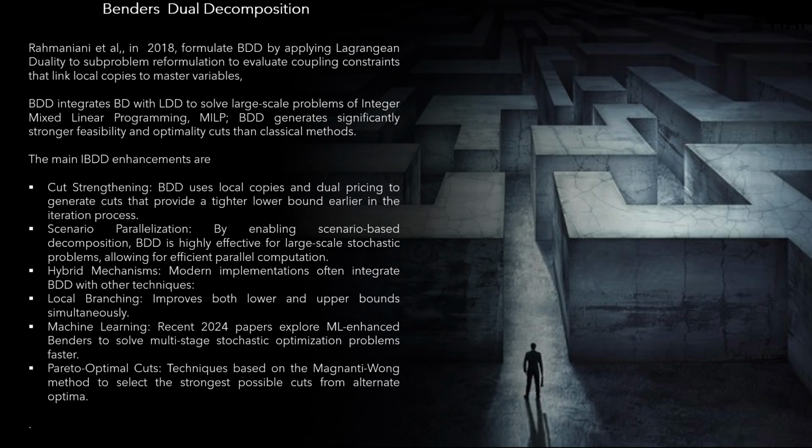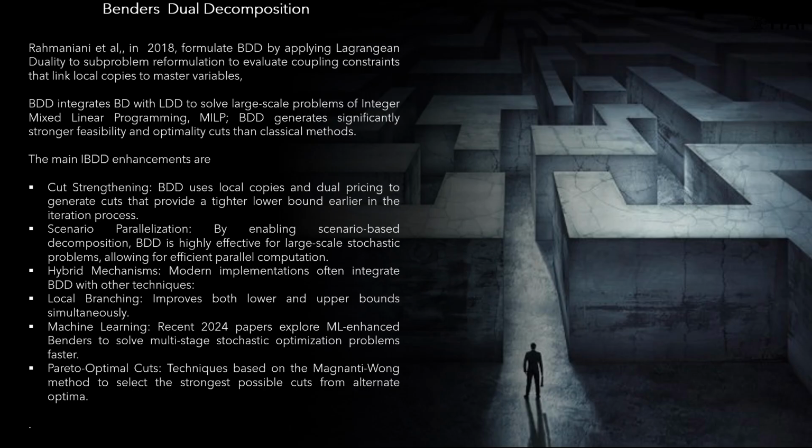The main BDD enhancements are cut strengthening. BDD uses local copies and dual pricing to generate cuts that provide a tighter lower bound earlier in the iteration process. Scenario parallelization. By enabling scenario-based decomposition, BDD is highly effective for large-scale stochastic problems, allowing for efficient parallel computation.